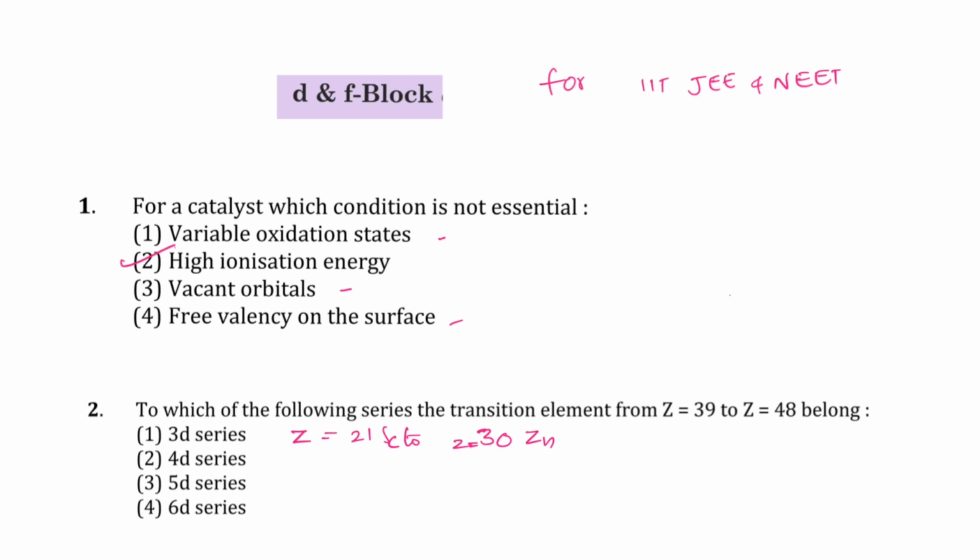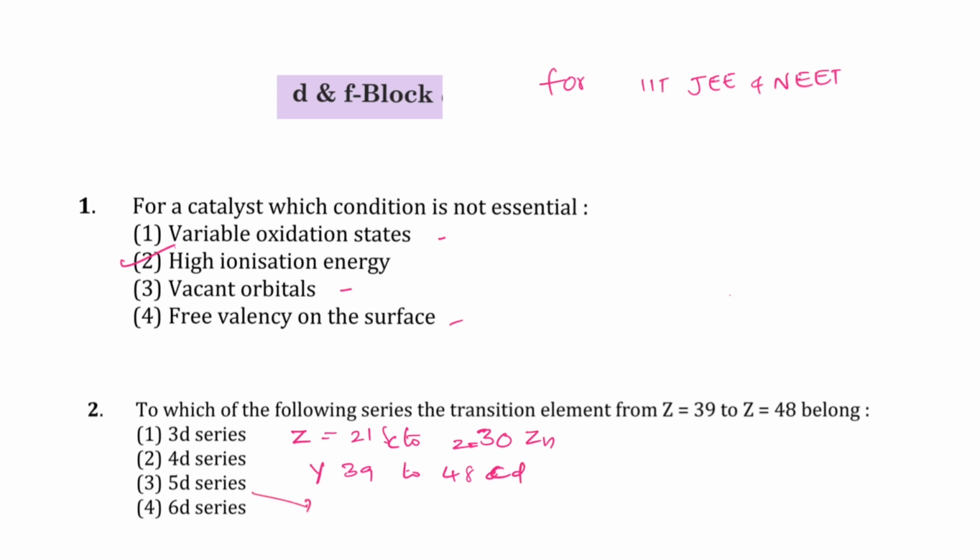Next, the 4d series is 39 to 48, yttrium to cadmium.